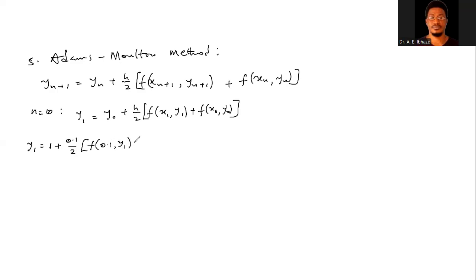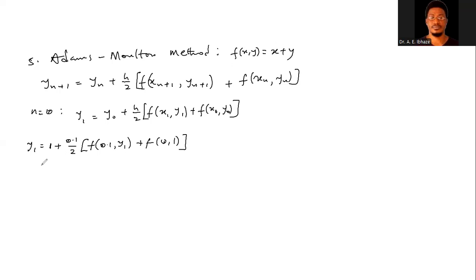That is required. Plus, we know s0, f of s0, y0, so we know this, okay? And we know that the derivative function f of x, y is given as x plus y.